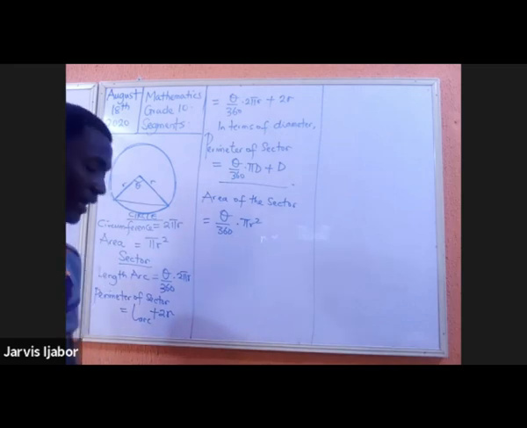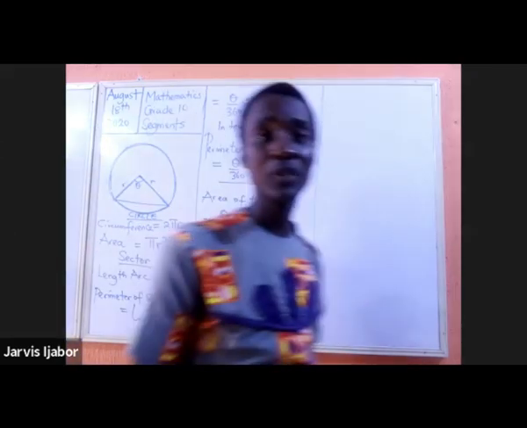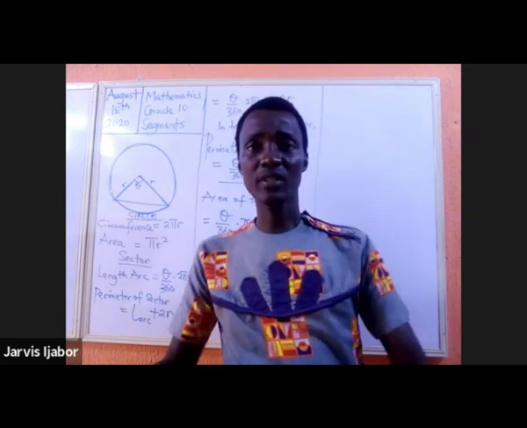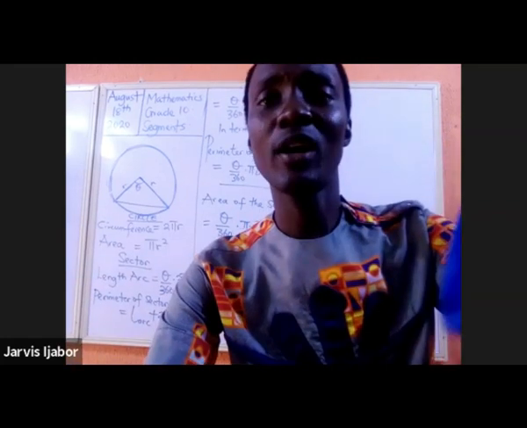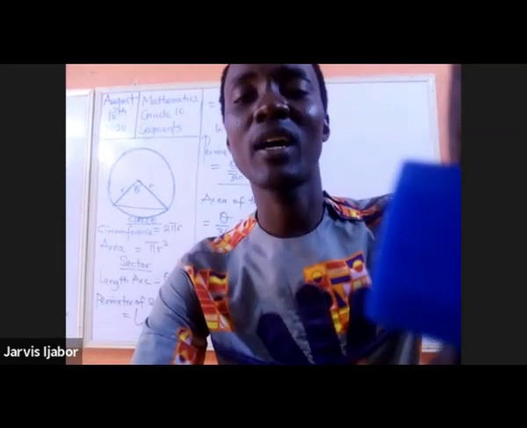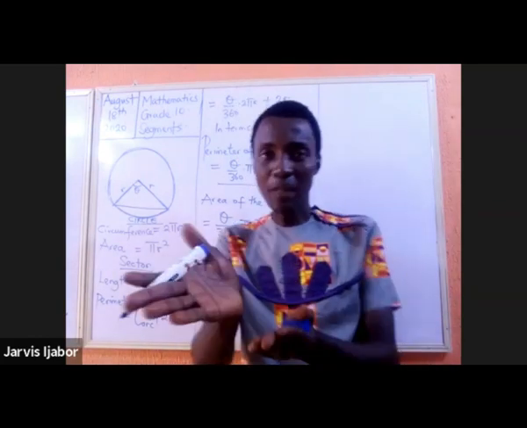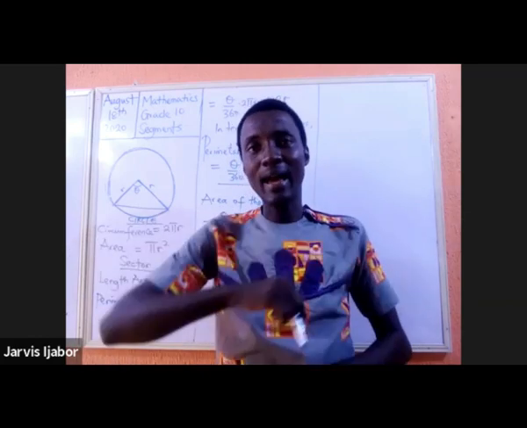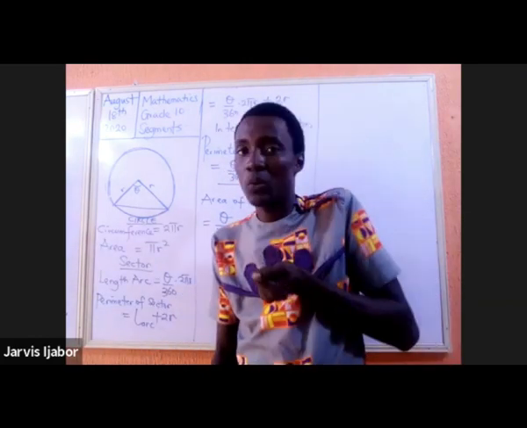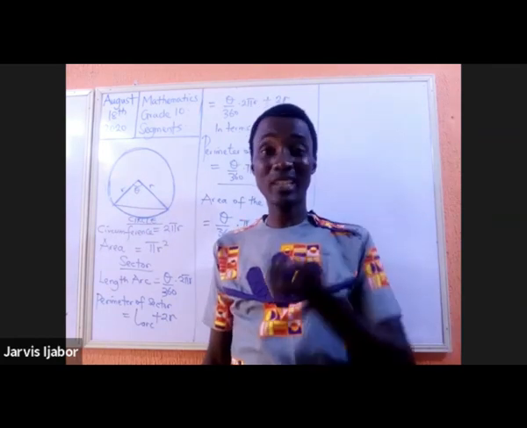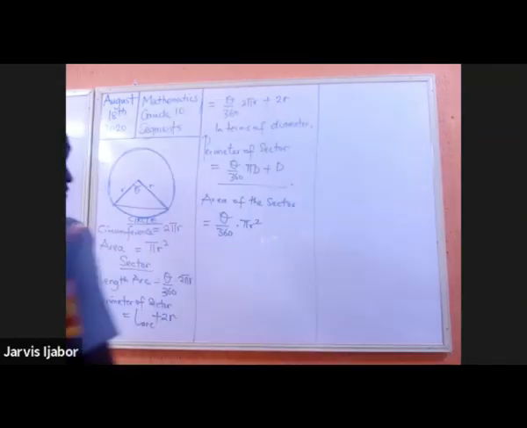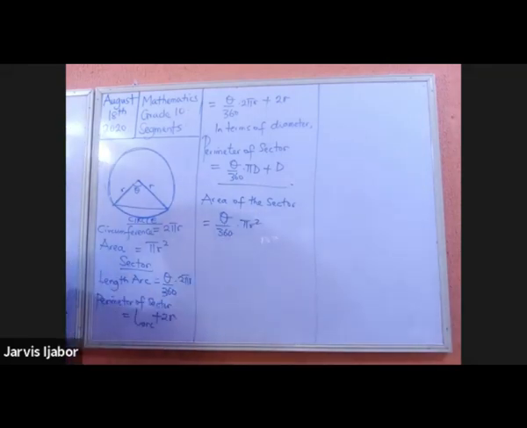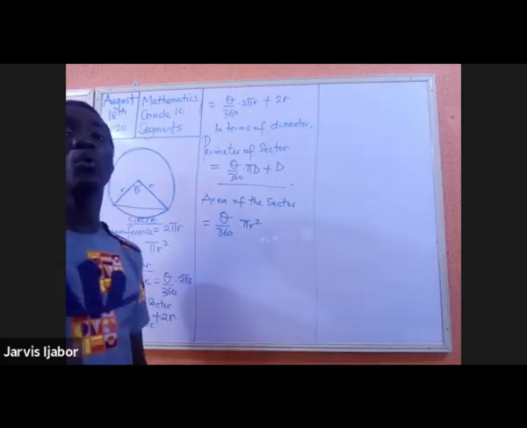Some of us, like on Sunday, I was given what people call pizza. It's a very nice way to teach mathematics, especially pie chart. That portion I got was a part of the bigger pie, and that portion I got was a sector. So the area of the sector will be a portion of the area of the circle. That will be theta over 360 times what? Pi r squared. Good.